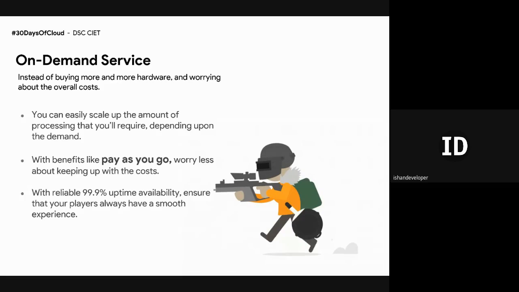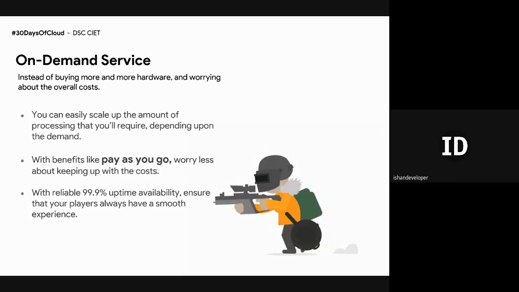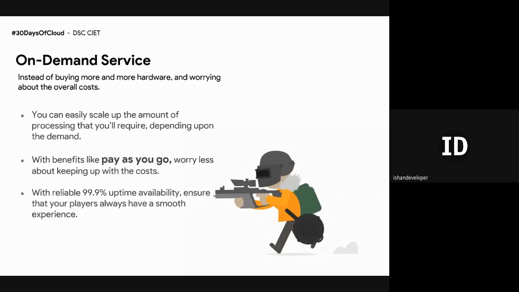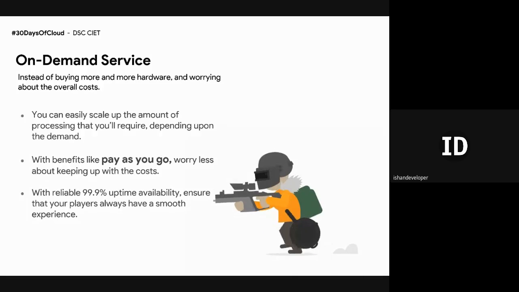So one more major factor about this is guaranteed uptime availability. Let's say you have a server at your home, like you are using your desktop computer as a server, and you are hosting your website on there, and suddenly electricity goes away, and you don't have any backup at your home.